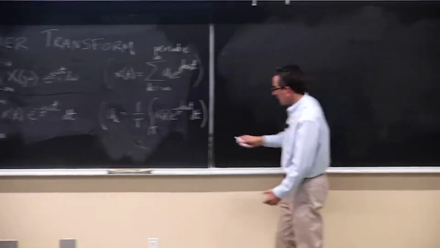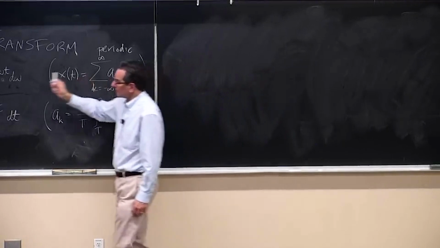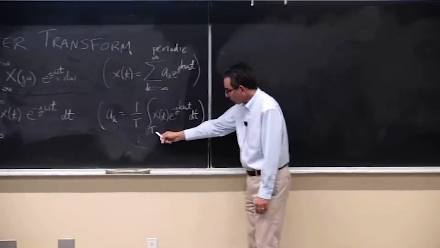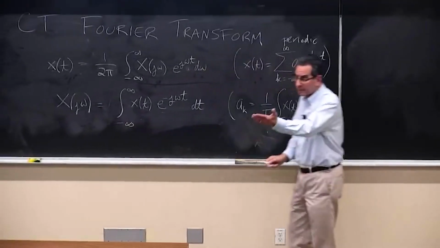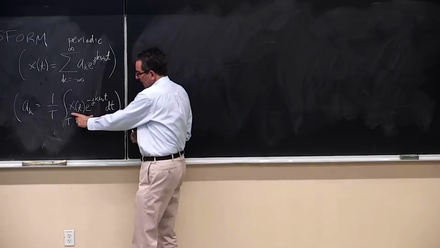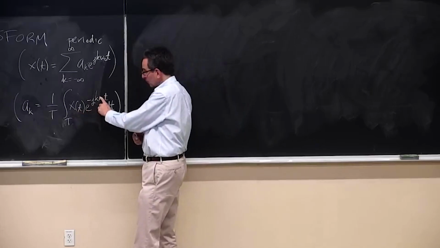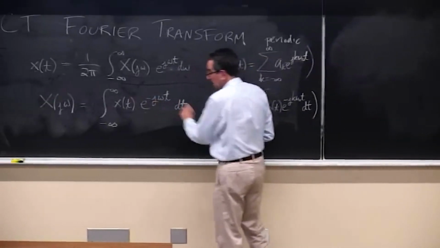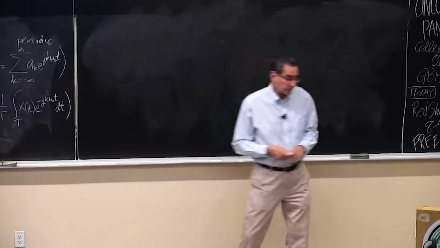So you can see the analogy. In that case, it was an infinite sum in the synthesis equation; here it becomes an integral. There it was an integral over one interval; here it's an integral over the whole time domain. But the general structure is the same. It's the signal multiplied by e to the minus j omega t, and you integrate over t. Okay, so that's the Fourier transform.